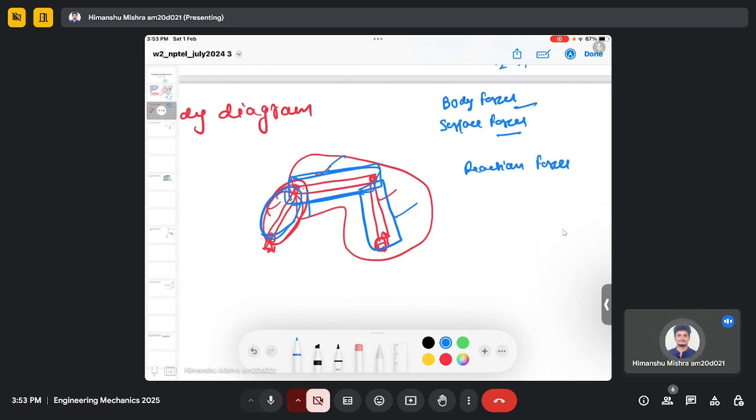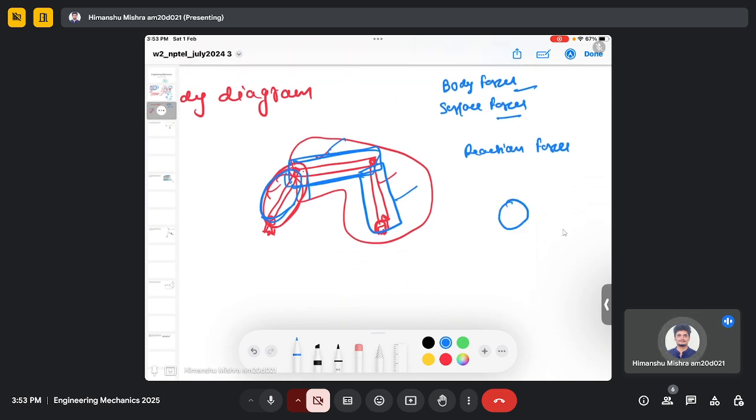So let's say you have a body here, a spherical body which is moving in some random direction. Now let's say this body contacts a wall.